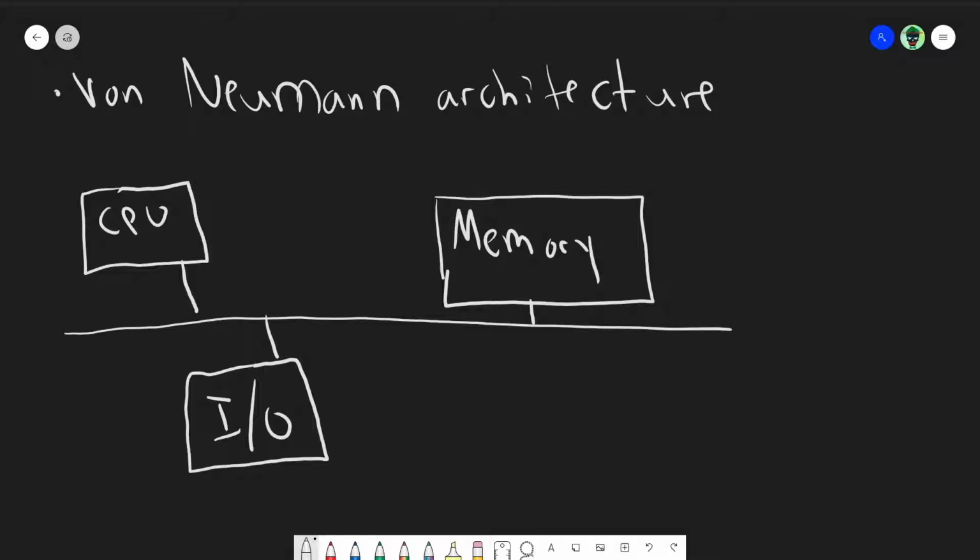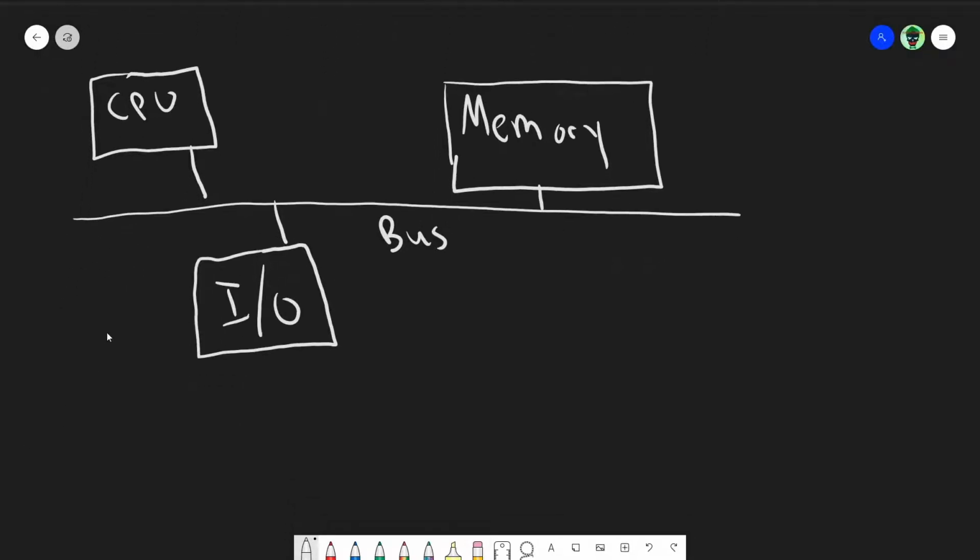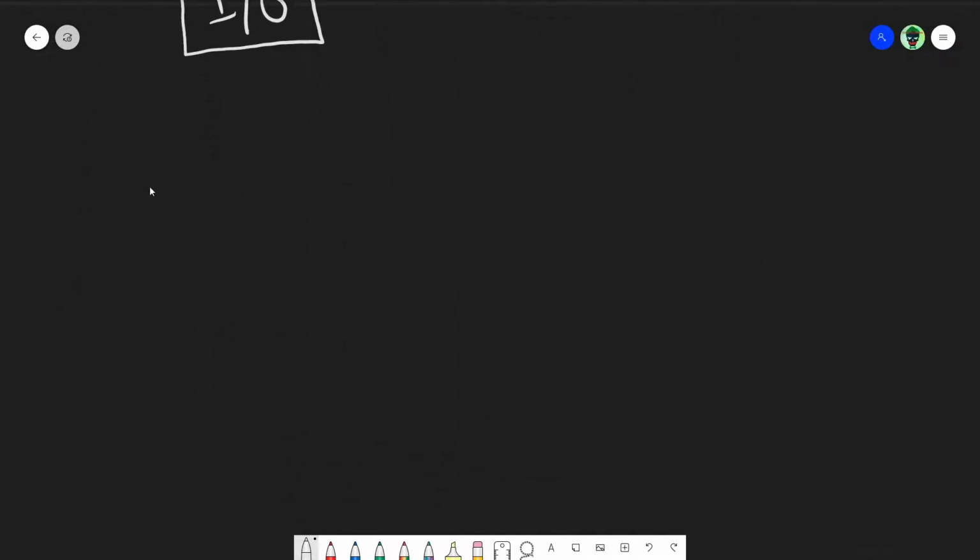The bus just sends data between different devices. So that's basically one thing you want to look at. There's not really more to it, but I just didn't cover it in the first week because I didn't want to waste time on it. So let's go on to the other preliminary parts for the exam.